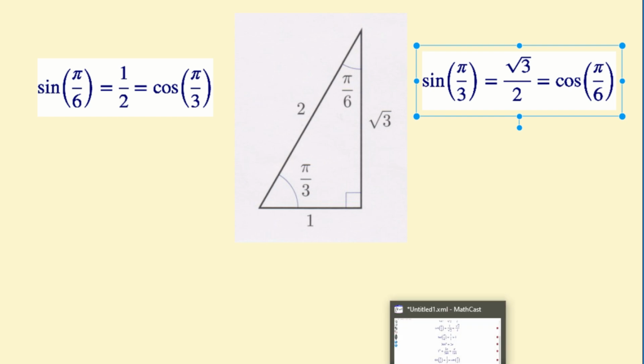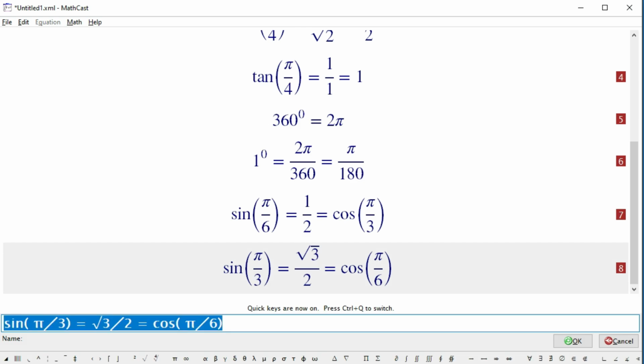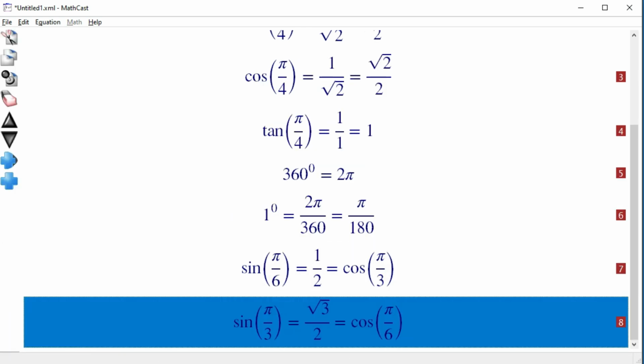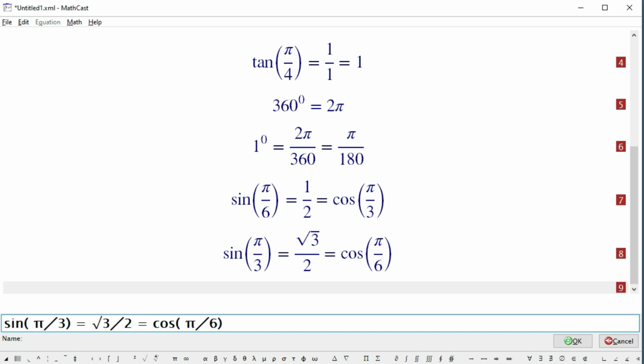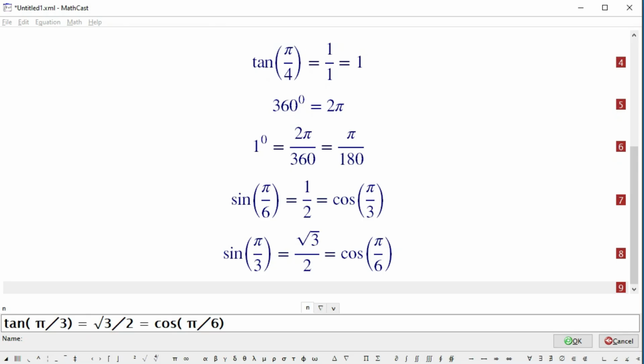Let's go for tan. Let's go for tan of pi by 3 initially. Tan of pi by 3 is opposite over adjacent, root 3 over 1, which is just root 3.